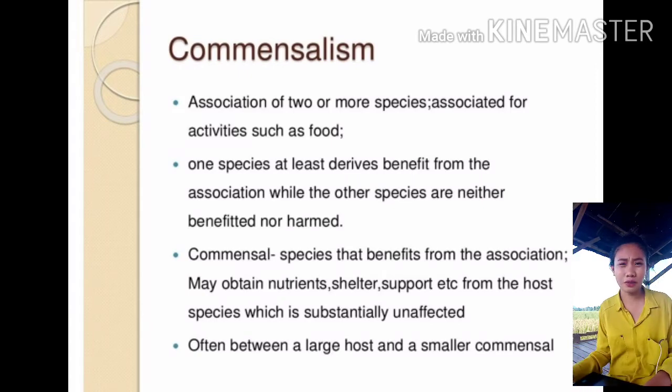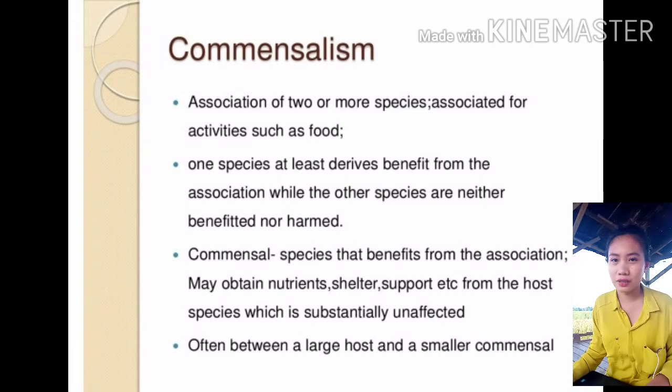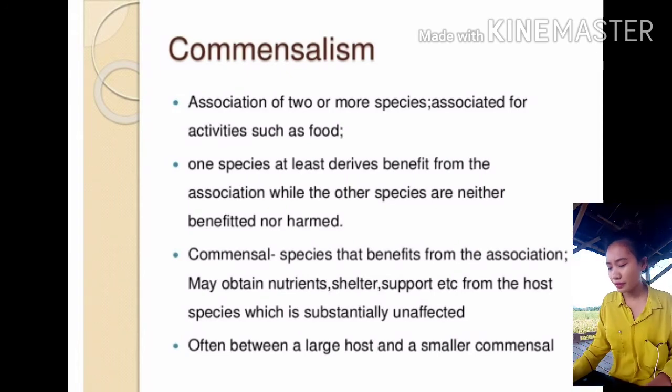It obtains nutrients, shelter, and support from the host. So the host is the one that gives benefits, and the host is substantially unaffected. Often it is a large host and a smaller commensal. As you can see, the host is always bigger than the commensal.